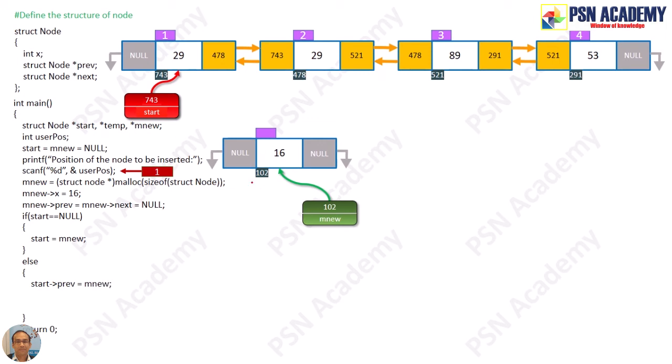Now this mnew is 102, so this prev pointer here will be converted to 102 and it will start pointing to 102 like this. Next you write mnew next equal to start. Mnew next means this pointer. So this pointer will point back to the node at 743, right? So this becomes 743 and it starts pointing to the node at 743.